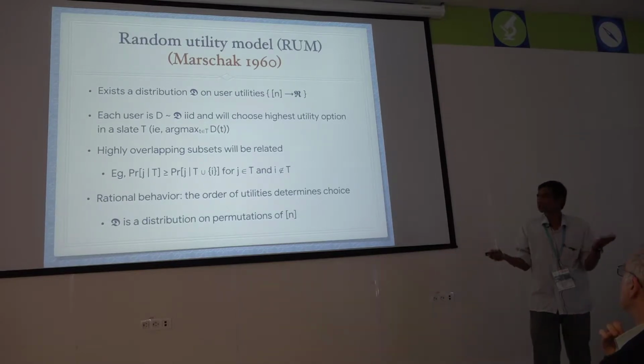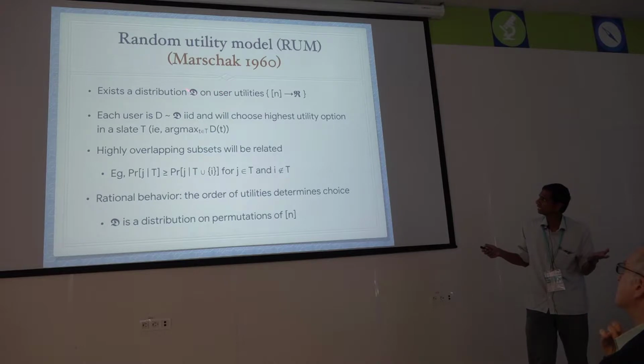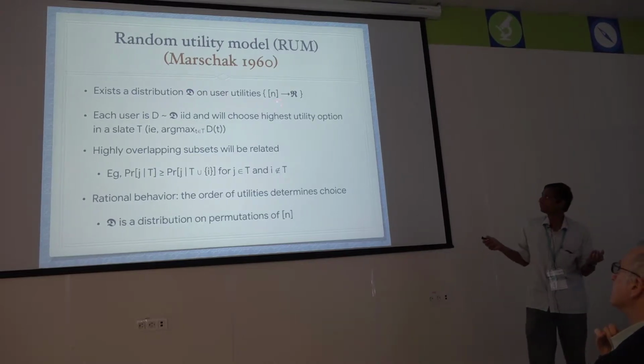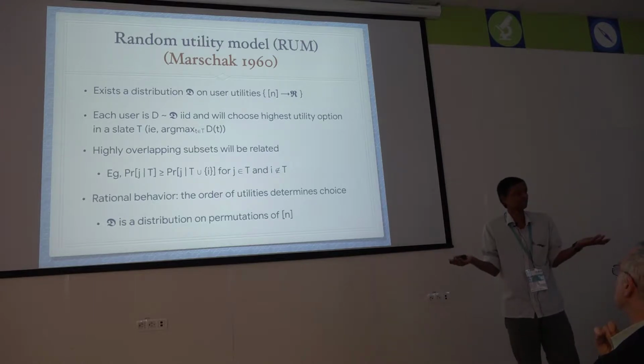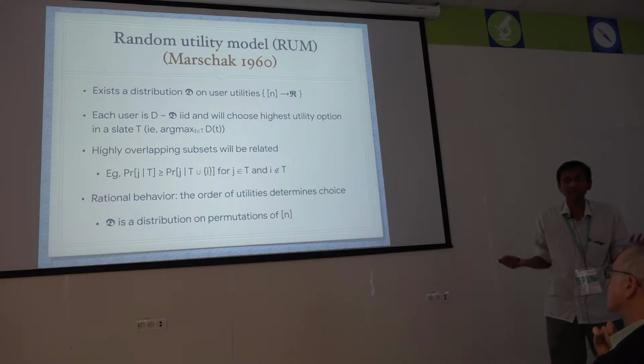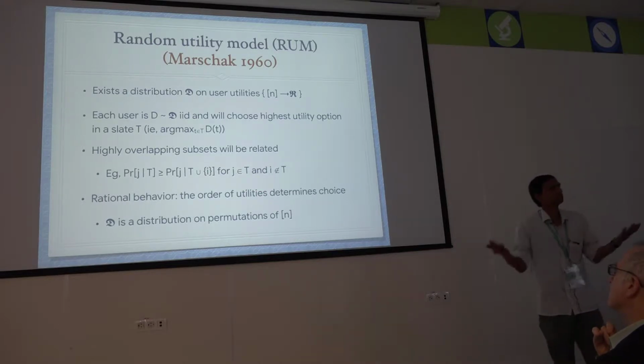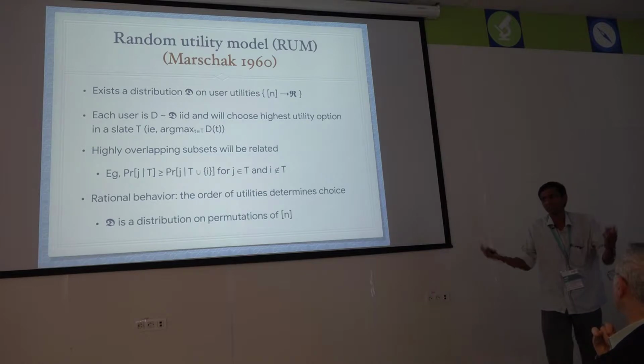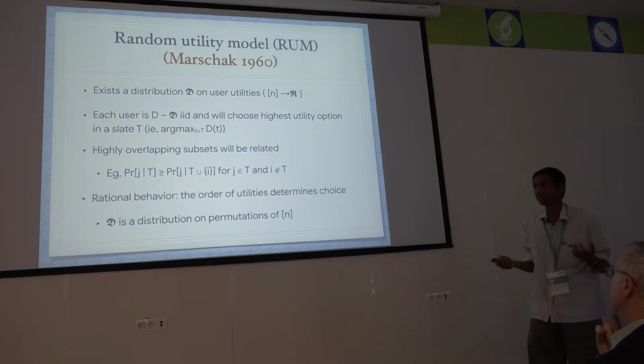Therefore, instead of a distribution on functions from the universe to real numbers, you can assume it's a distribution on permutations. All you care about is the order of the utilities, so I assume there is a distribution on the permutations and you pick the top element in the permutation. That's a simplification.